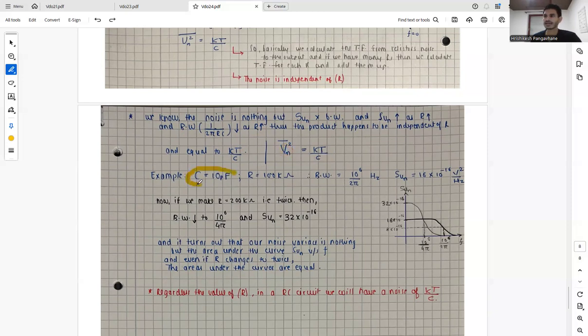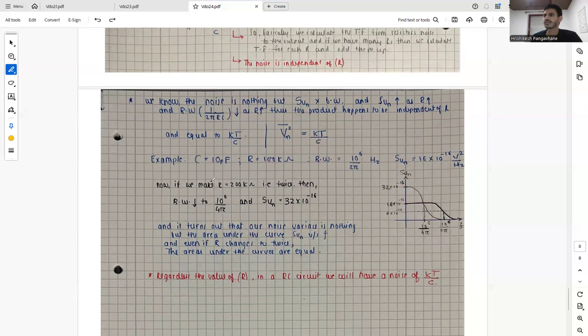So let's take an example where we have a value of capacitor and a value of resistor, and from here we will get our bandwidth of this value and our spectral density of this value. When we plot it like this, with our bandwidth over here, this will be 2 times KTR and this is 4 times KTR, so it is half of it.